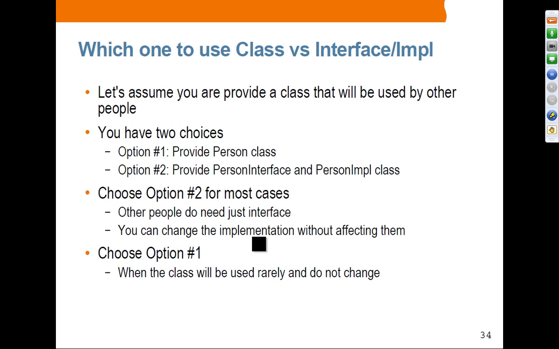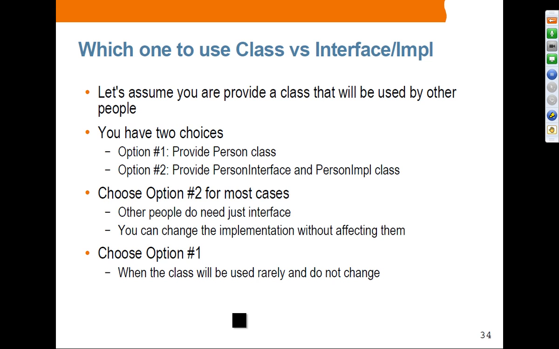So again, just to repeat, when the class has a possibility of being used often, even in the single user case, or if it's used by other people, definitely you should make it a combination of person interface and implementation. If the class is being used very rarely and does not change that often, then you could provide it as a class.